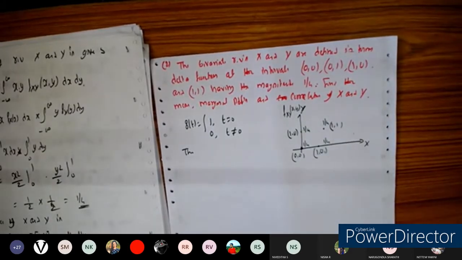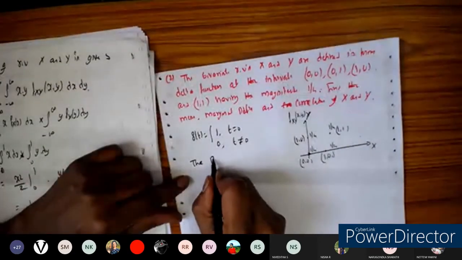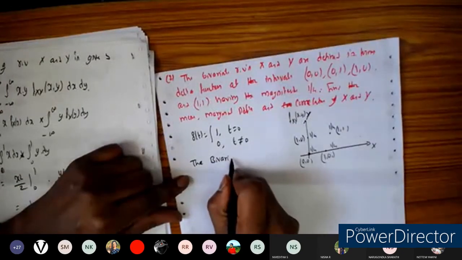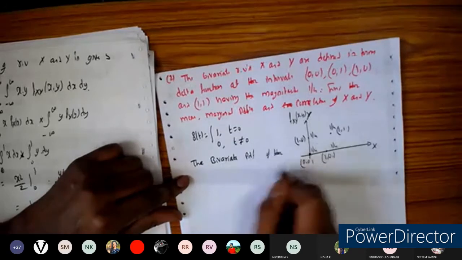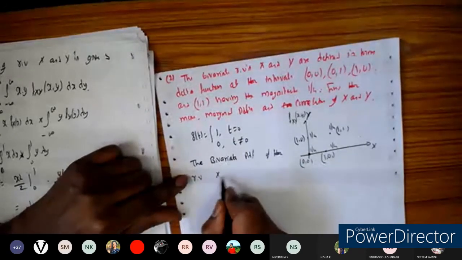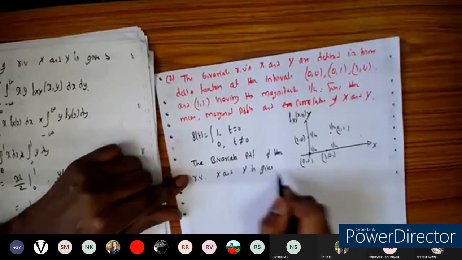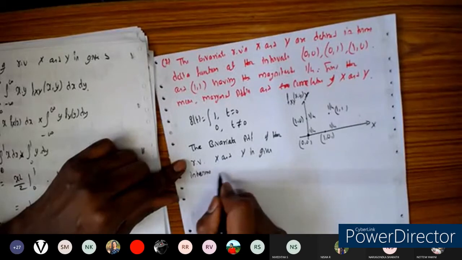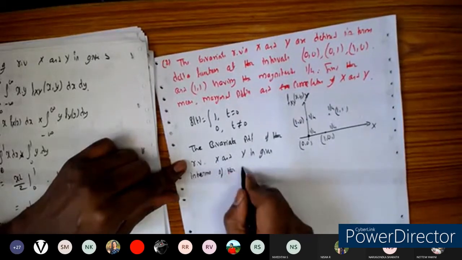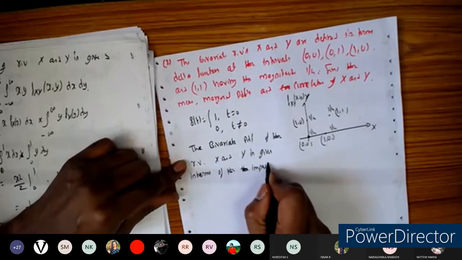The bivariate PDF of the random variable x and y is given in terms of the impulse function as below. We define the bivariate PDF in terms of the impulse function.